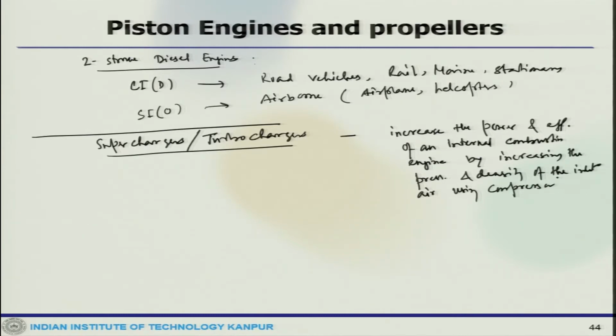Two types of compressors are used, one is the positive displacement and another is the dynamic. Positive displacement compressors like Roots blower and screw compressor are also extensively used. Now, when you talk about the PV diagram of a supercharger or turbocharger, this is what it states.